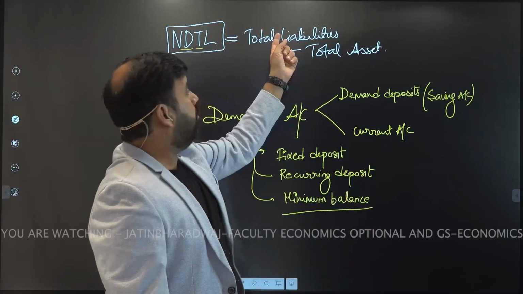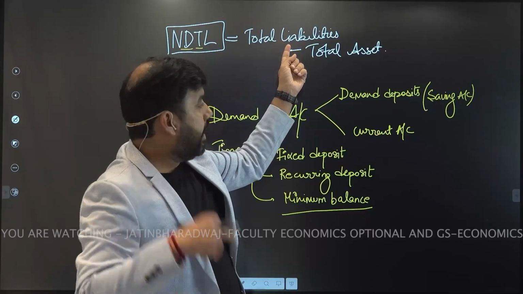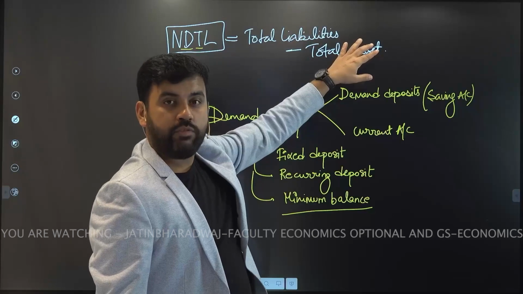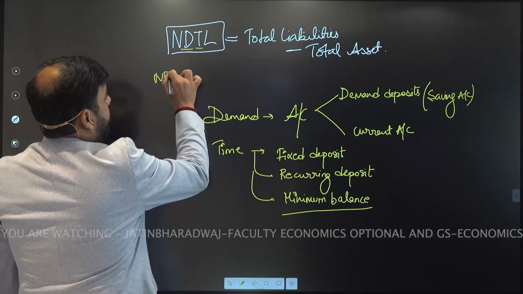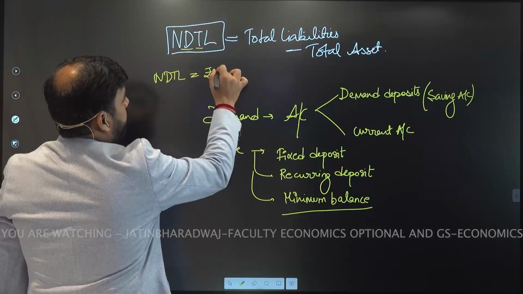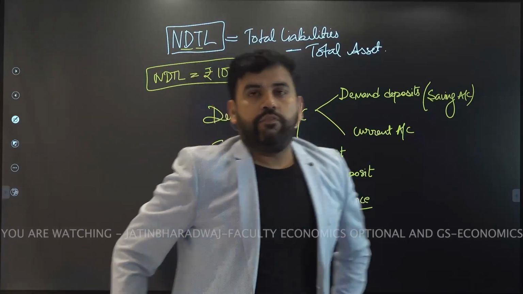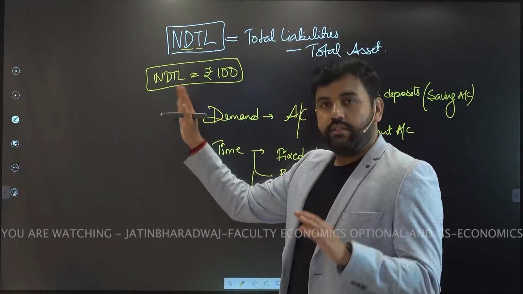So total liability is someone else's money minus the bank's own money. Now assuming that NDTL is rupees 100, please keep this in mind. This is going to be helpful in understanding CRR and SLR. Okay, if you are clear about this, let's move ahead.